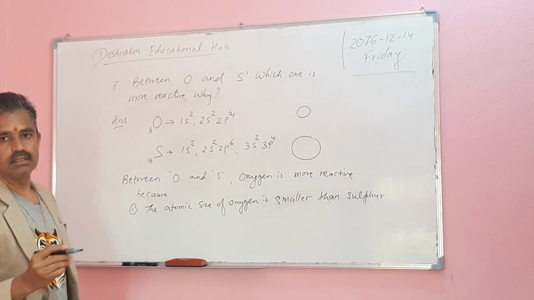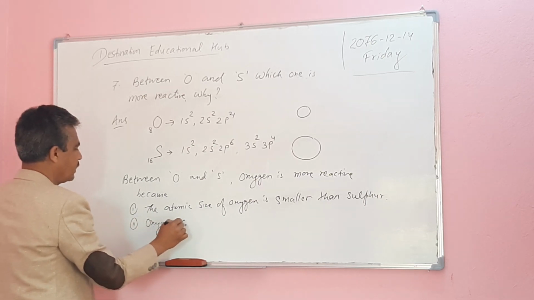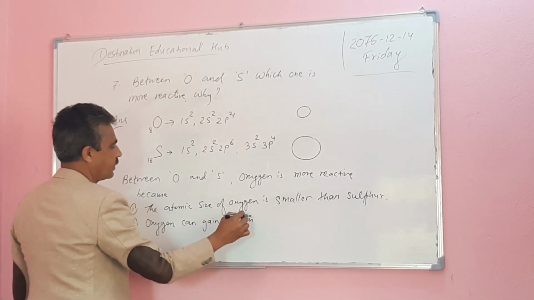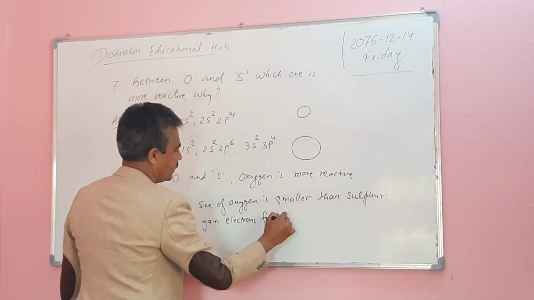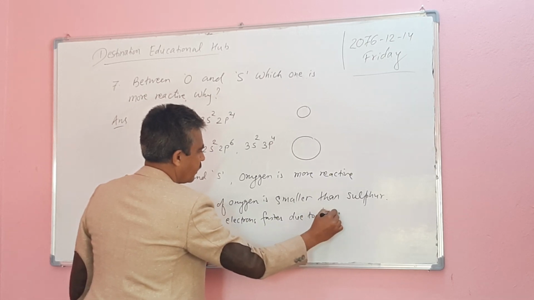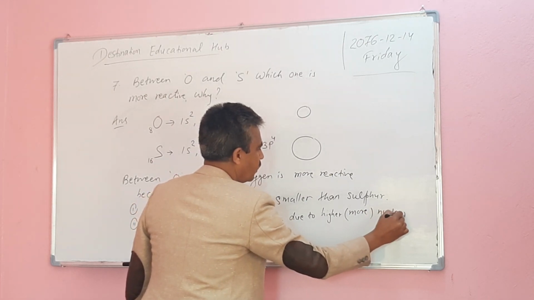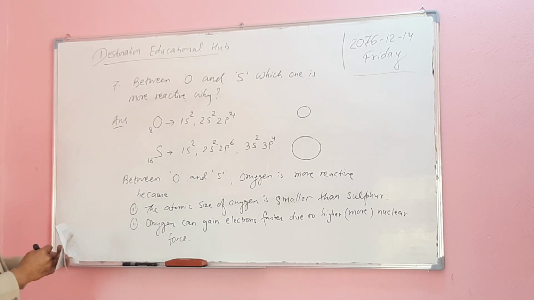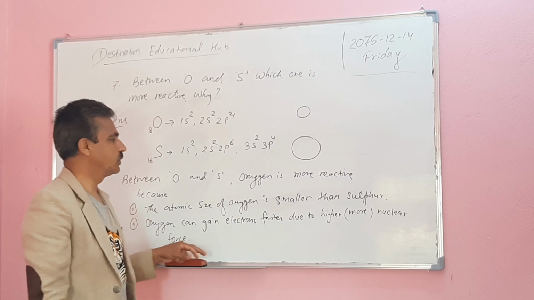Number second, oxygen can gain electrons faster due to higher, or we can write more, nuclear force. 2 points. Atomic size of oxygen is smaller than sulfur. Oxygen can gain electrons faster due to higher or more nuclear force.